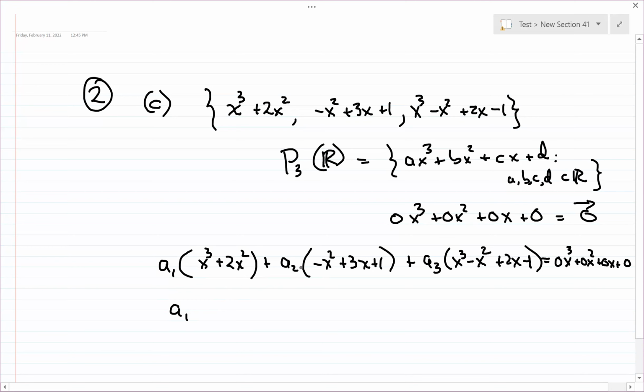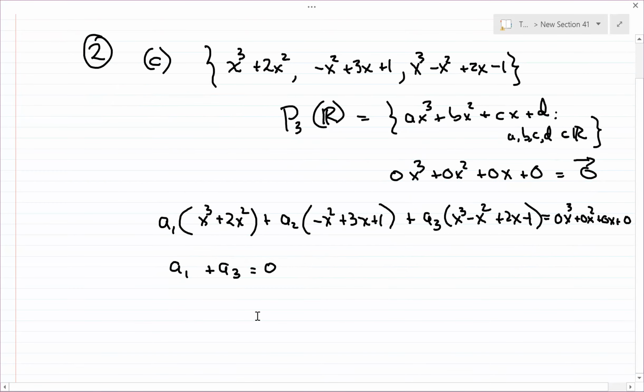And there is no component of x to the third here, because there is a 0 x to the third if you like. So that would be just 0. And then this would be plus a3. And that would have to equal the component over here, which is 0. So that would be one equation that would have to hold.